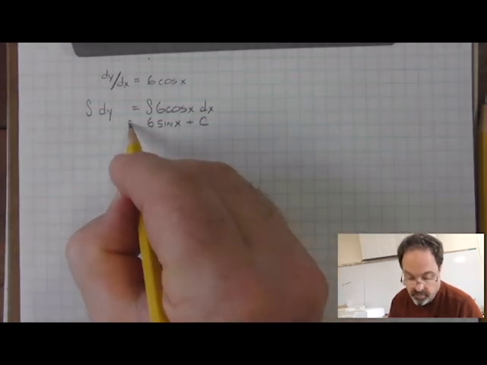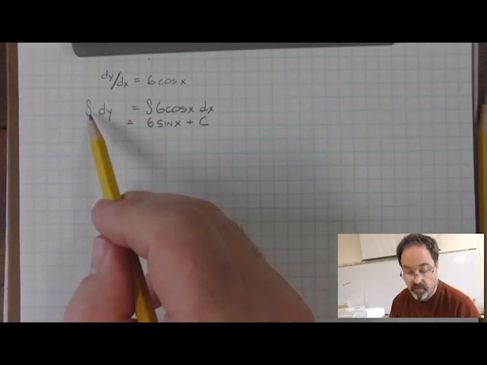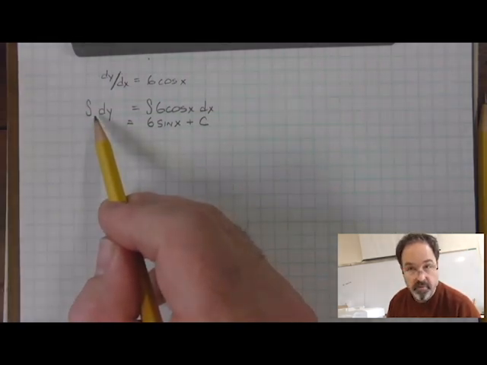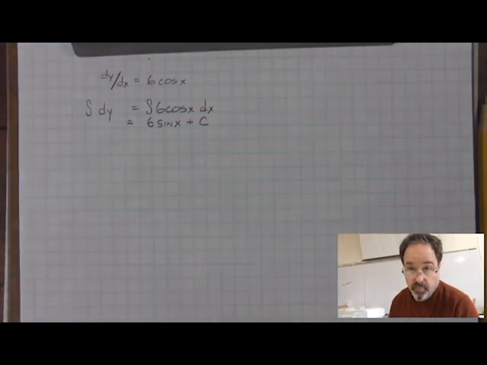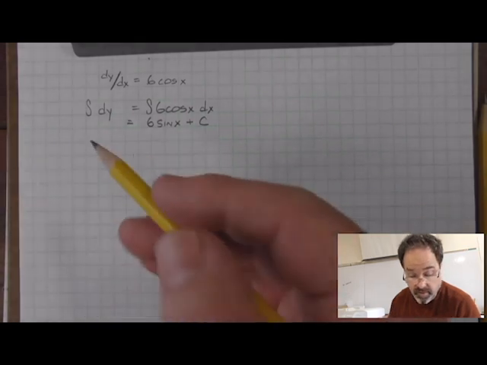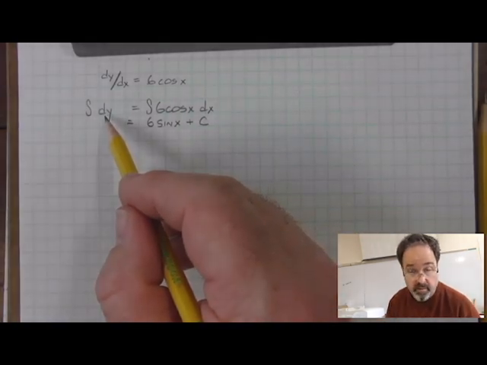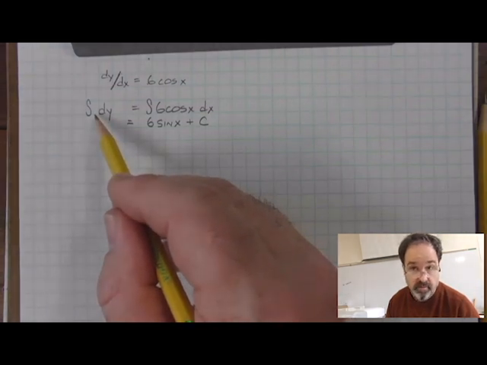On the left side of the equation, I have the integral of something. It's not shown. But of course, if you don't see something, it's implied that it's 1. This dy, we can think of it as a 1 dy, and the 1 is the integrand.